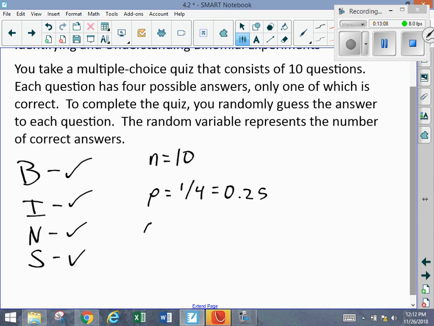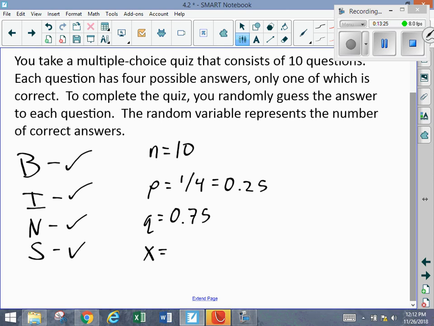But how about Q, the probability of failure? It's going to be 1 minus 0.25, or 0.75. And how about X, our random variable? What values could it take on? Well, anything from 0 all the way up to 10.